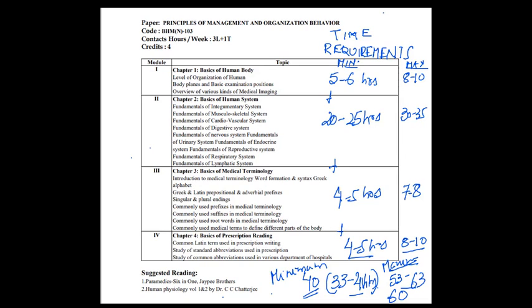Okay, so the central gist of the story is that you require around 40 to 60 hours, I write here on the top, of time to complete the entire syllabus.